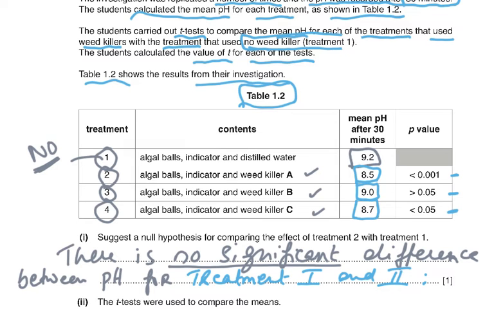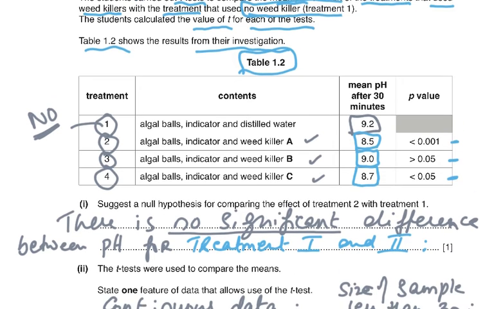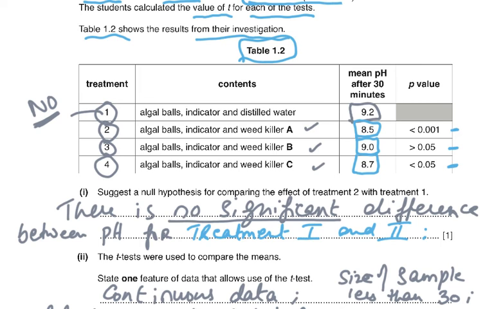Now suggest a null hypothesis. I've told you this many times. Suggest a null hypothesis means you have to negate it. So there is no significant difference between pH for treatment 1 and 2. This is the null hypothesis comparing the effect of treatment 2 with treatment 1. Treatment 1 was the control in which no weed killer was used, there was only distilled water.